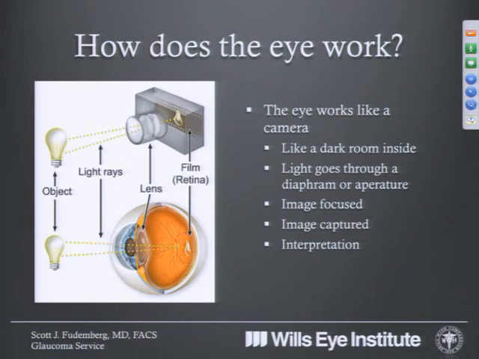An OCT test is called an optical coherence tomography. And like many issues in medicine, to really understand the OCT test, we have to start with anatomy and understand more about how the eye works. If you use a camera as an analogy, the eye is like a camera, in that when an object emits light rays, those light rays travel through the lens system of either a camera or your eye, and they're ultimately collected in a camera by film, and in your eye by a specialized living tissue called the retina.